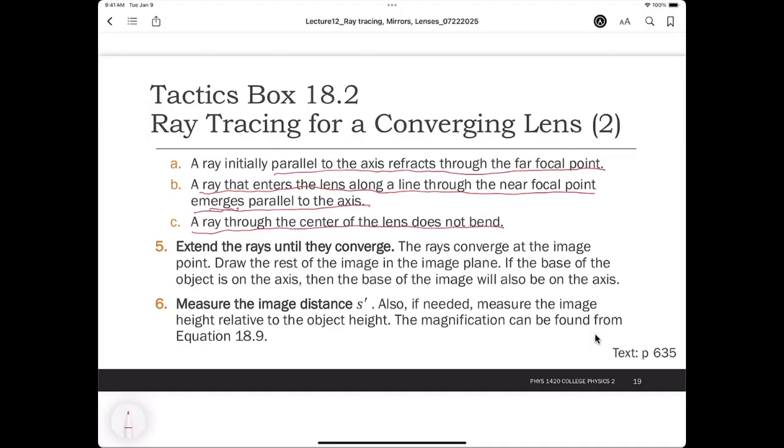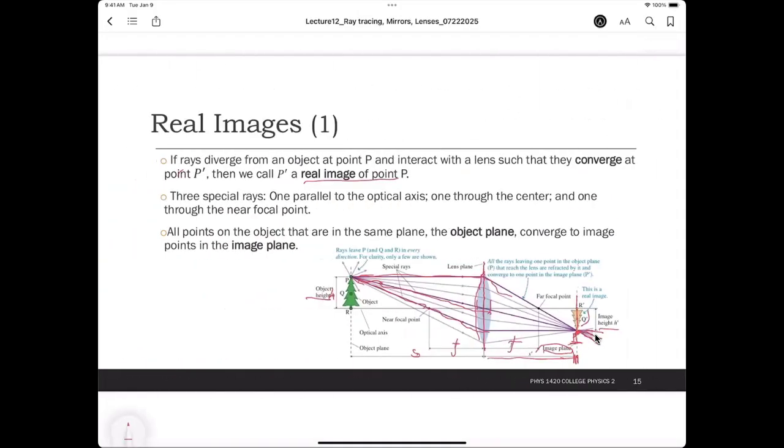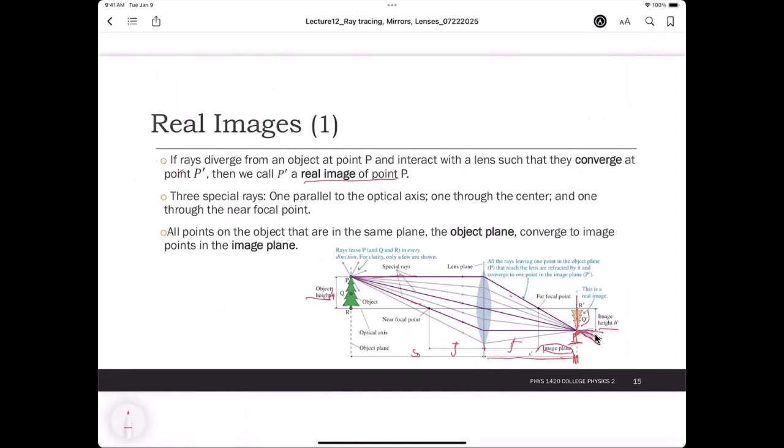We just draw those three kinds of rays. You can see in this image, this one is just a straight line, this one converges to the image point, and this one goes through the near focal point, then runs parallel to the optical axis to the image point. Does that make sense to you?